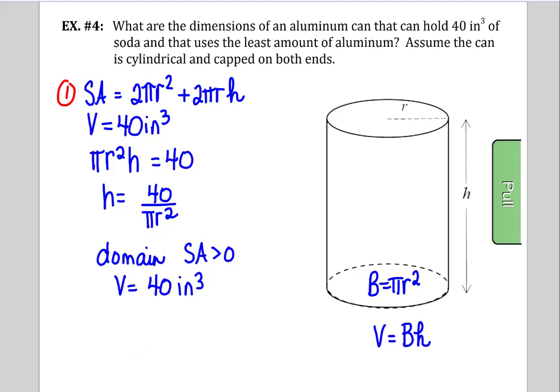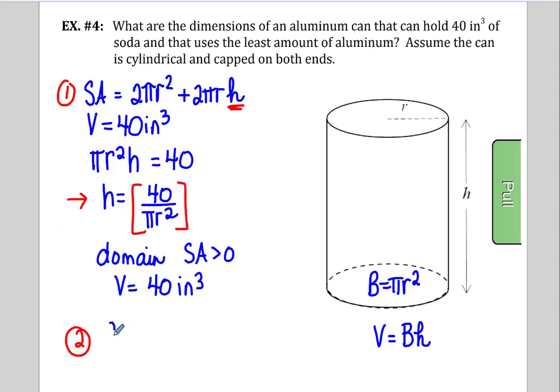So the next thing we want to do is to be able to write our surface area formula in terms of the radius, because we have this h term here. So how can we do that? We'd have to eliminate the h. We need to get rid of this term by substituting 40 over pi r squared for h.